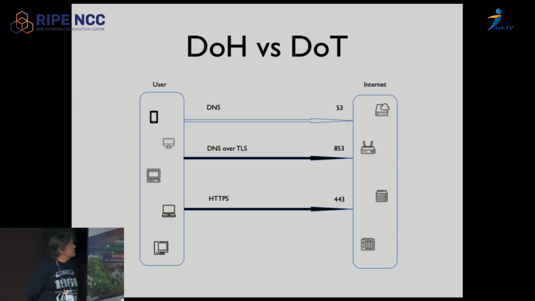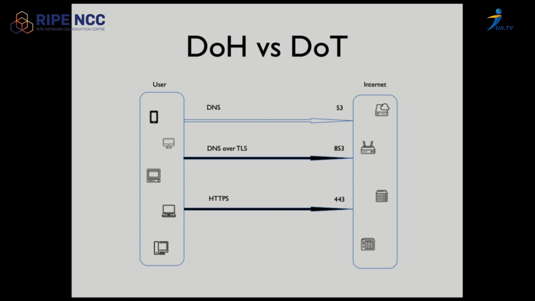So here you can see this simple illustration, DNS over TLS and DNS over HTTPS, and also the simple DNS, which is quite transparent and susceptible to sniffers. DNS over TLS, it's closed traffic, but with a separate port. So what is happening in the communication with the recursive resolver, we cannot see, but we can see the DNS traffic.